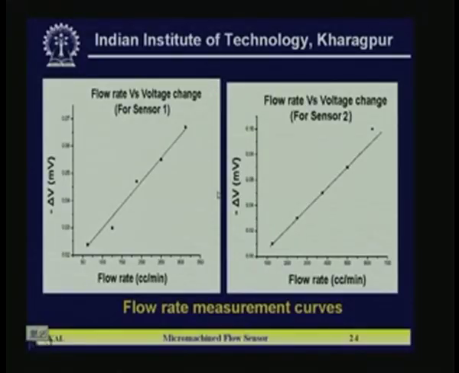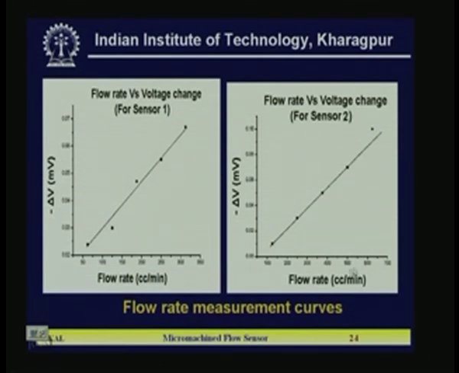Either positive or negative direction depends on the positive temperature coefficient or negative temperature coefficient. In case of metal, the voltage drop will be less and less, because the resistance change will be in such a fashion, so that you get the sign, positive or negative.